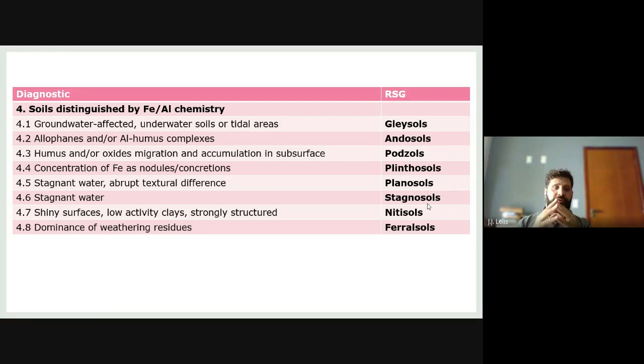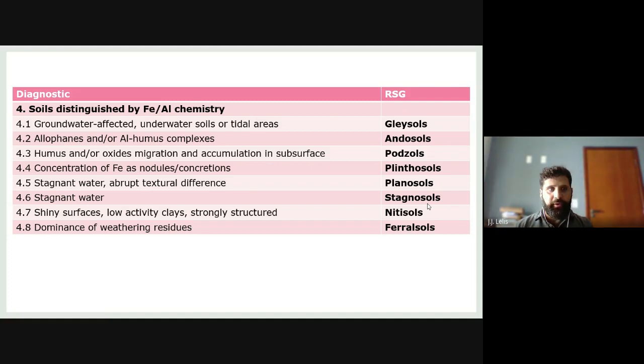We also can find some soils that possess a high content of iron, shiny surfaces, low activity clays, and are strongly structured, and those soils are the nitisols.